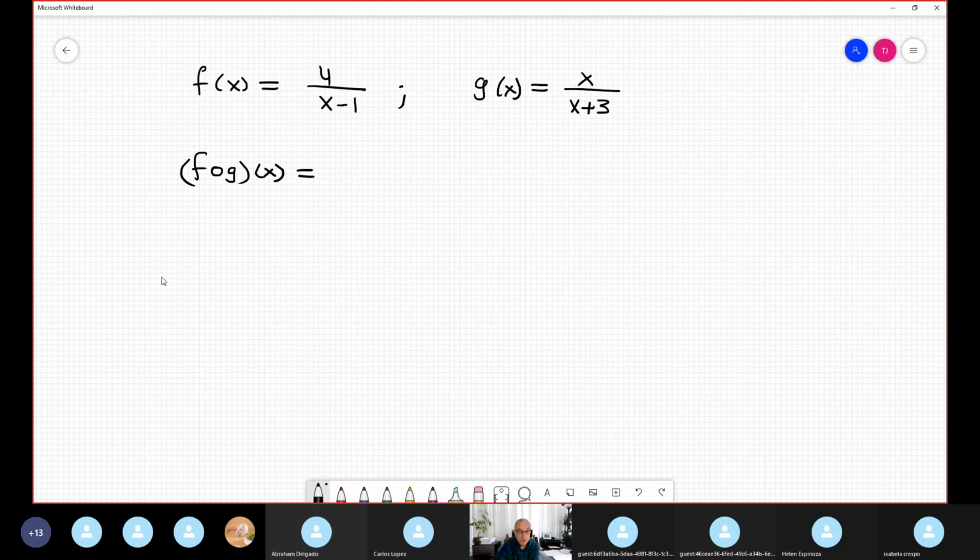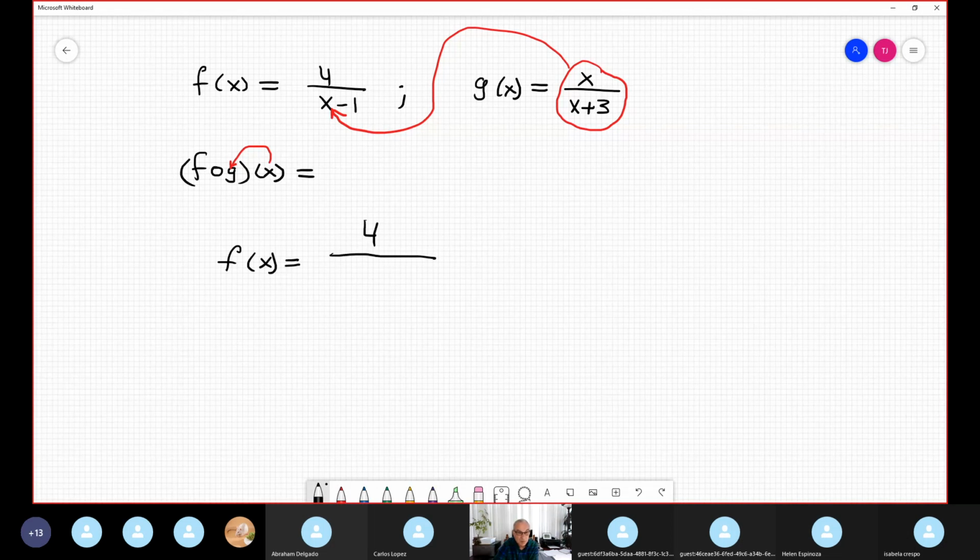Okay, let's do it. I realize that g is my closed function. So the expression for the g I replace for here. Therefore, f of x is equal to 4 over, no x anymore.